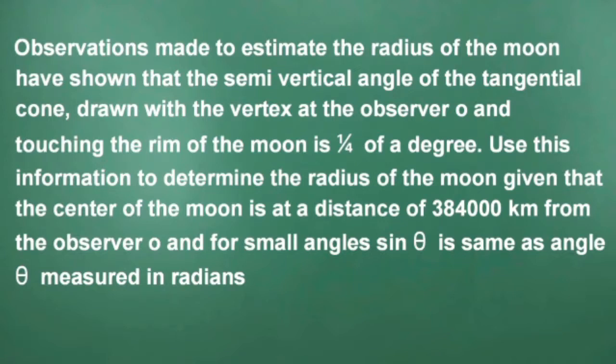Use this information to determine the radius of the moon, given that the center of the moon is at a distance of 384,000 kilometers from the observer O, and for small angles sin theta is same as the angle theta measured in radians.